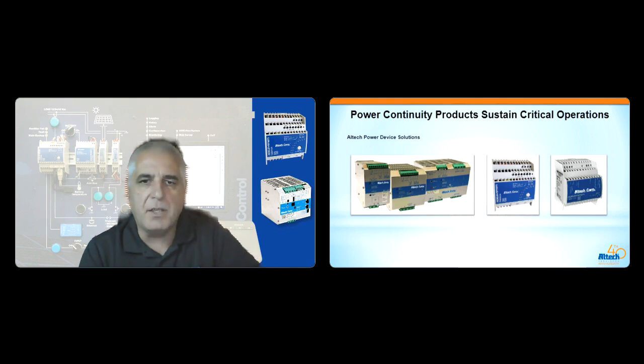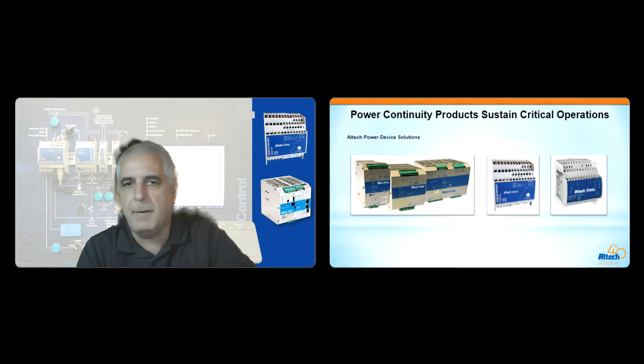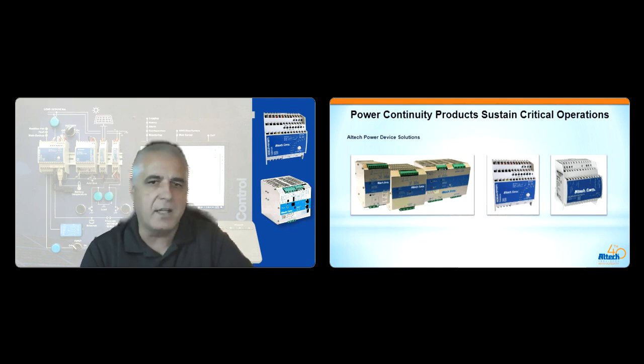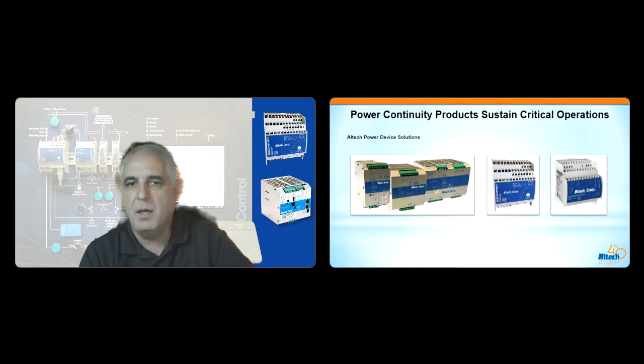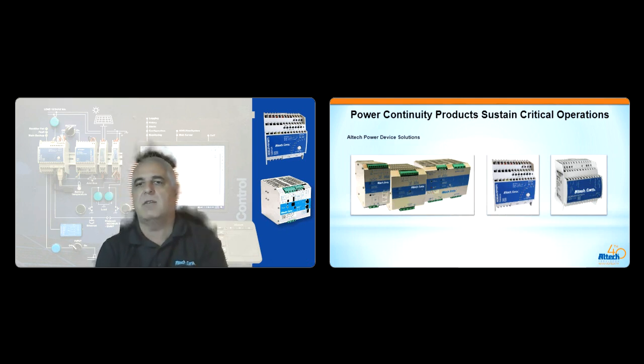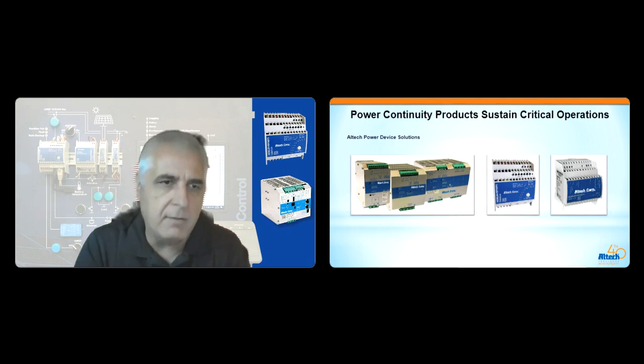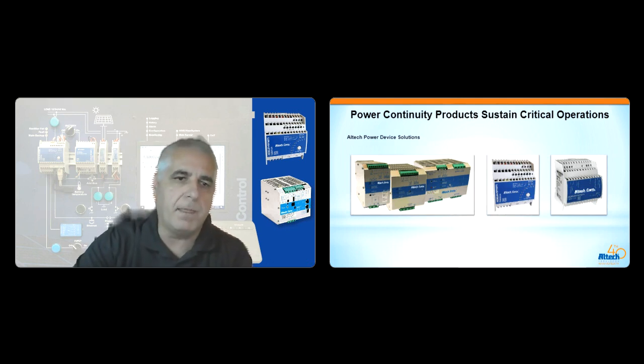Those types of applications include data centers, equipment with critical IT infrastructures, telecommunication networks like cell towers, communication hubs, medical facilities, industrial manufacturing facilities, financial exchanges, transportation systems, airports, railways, traffic control centers, traffic signals, and many, many others can be mentioned.